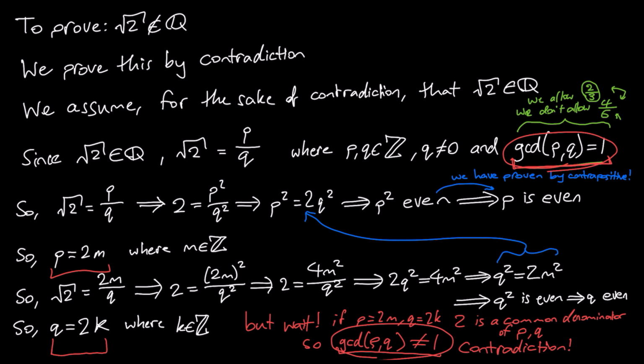So over the page, I'll write out how I would write the rest of the proof, because this writing in orange or red is more thinking than how I would present the final proof. So on the next page, I'll just finish off the proof from where we're up to. We've just established that Q is equal to 2k, where k is an integer.